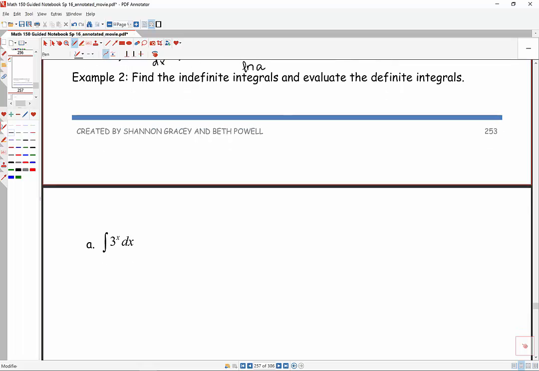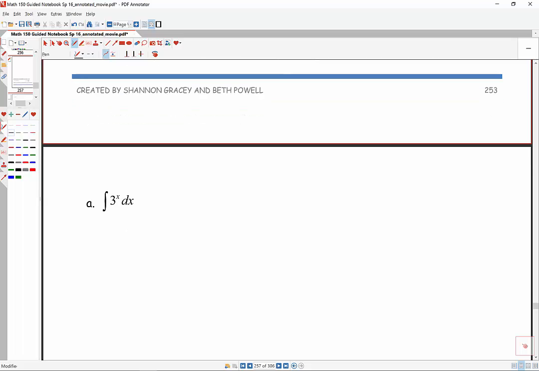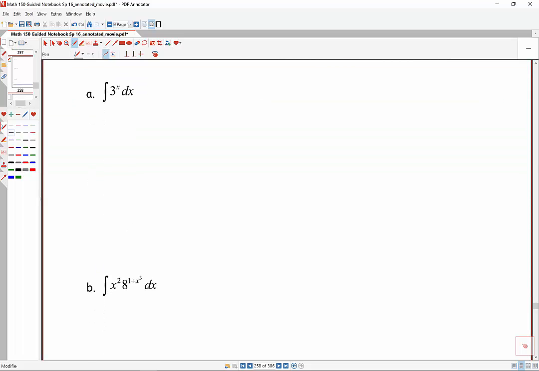So we're going to find the indefinite integrals and then evaluate any definite integrals. So we've got 3 to the x, okay? Typically, students would much rather me just use that formula, so I'm going to go ahead and do it that way. But just remember, you can always go and do it the other way. So this one is going to be what? What's my a in this case?